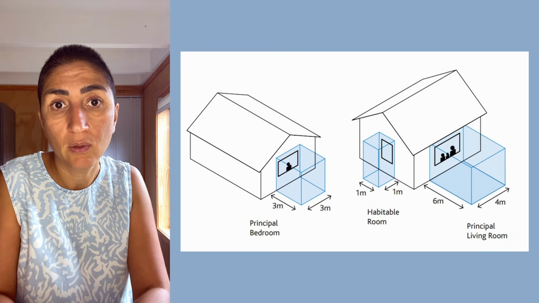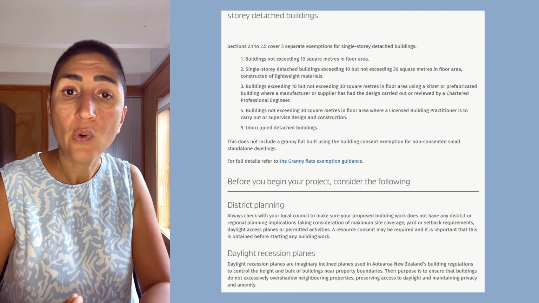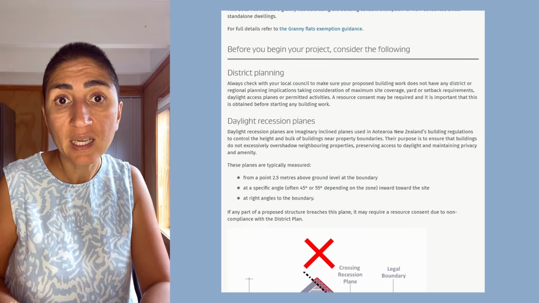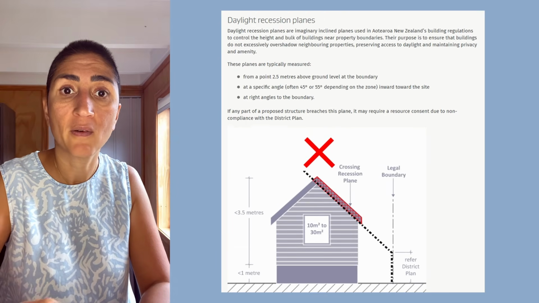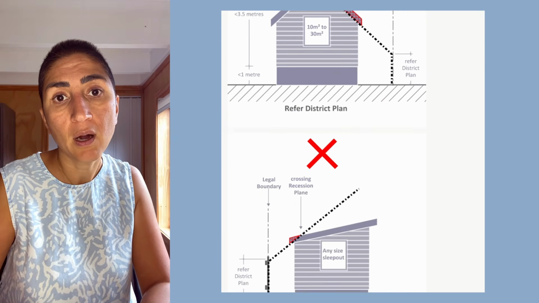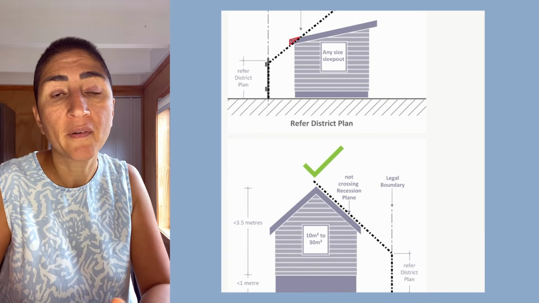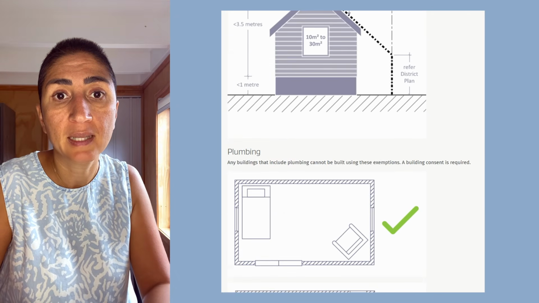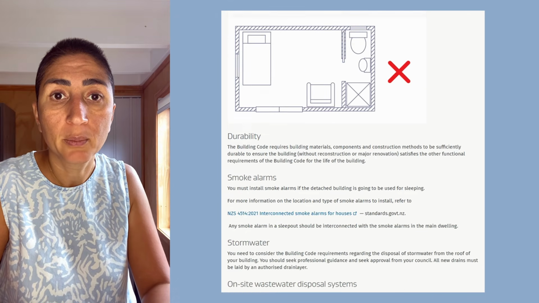So now you understand why the rule says as long as you meet the conditions of the exemption, you're allowed to build a maximum of 30 square meter standalone building on your property.